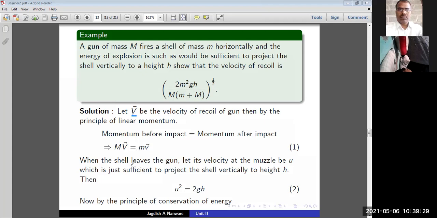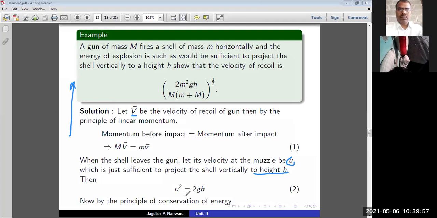And when the shell leaves the gun, or there is a firing phenomenon, its velocity at the muzzle we denote by u, which is sufficient to project the shell vertically, so that the shell projects in this direction vertically, to a height denoted as h.